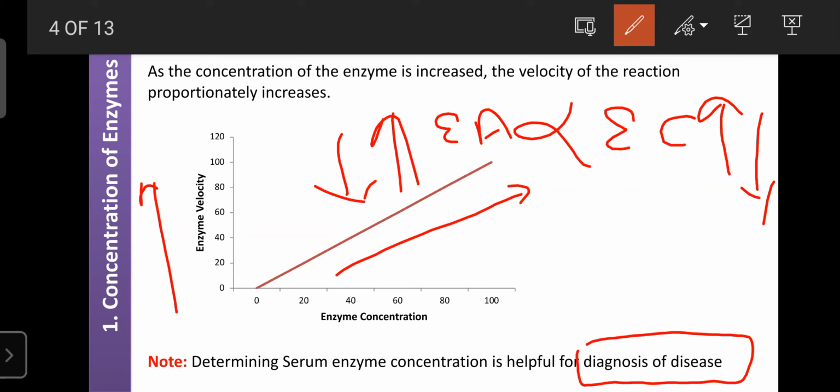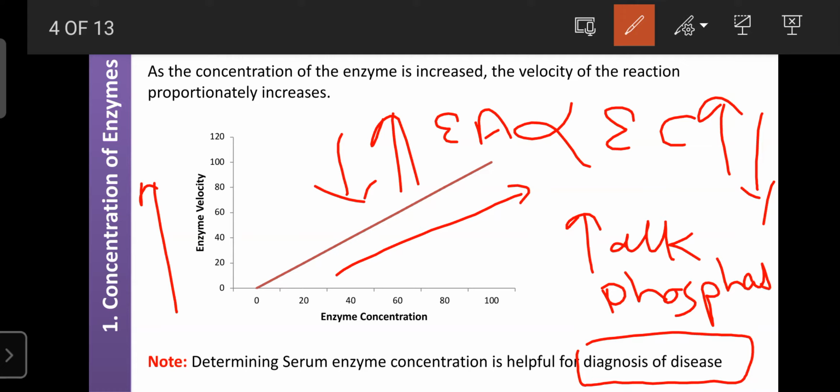In a particular disease, the enzyme activity increases, and that increased enzyme activity is an indication of a particular type of disease. For example, alkaline phosphatase is one of the enzymes involved in the metabolism of various products, especially in the liver.